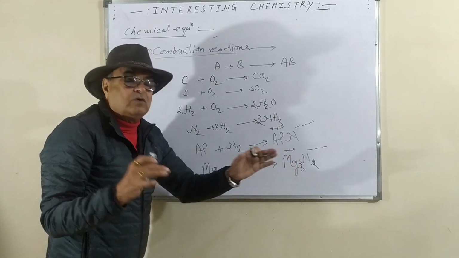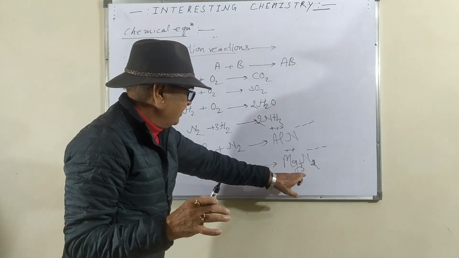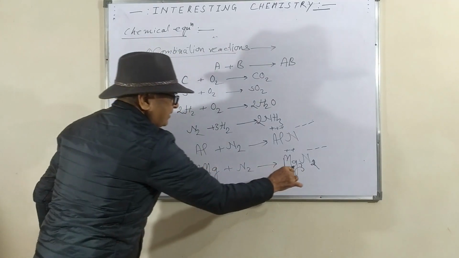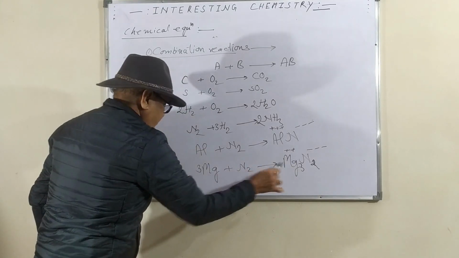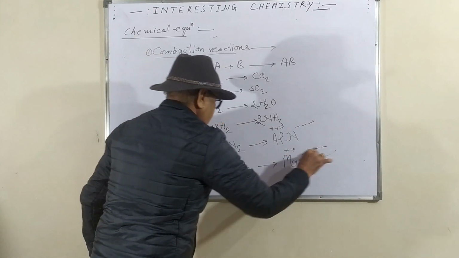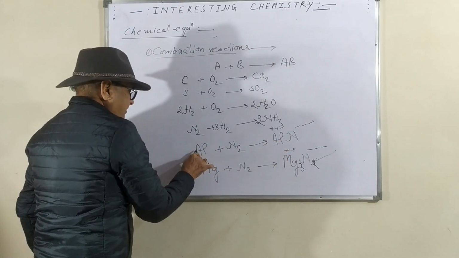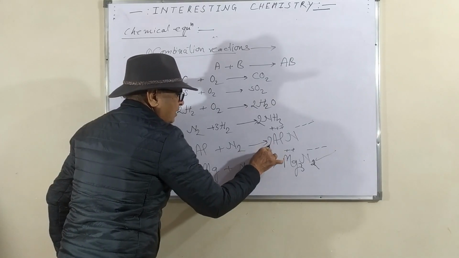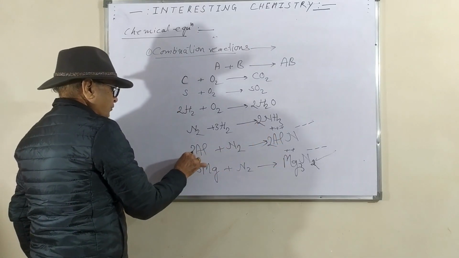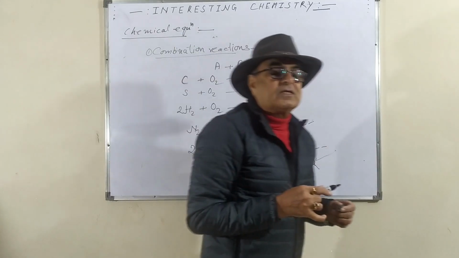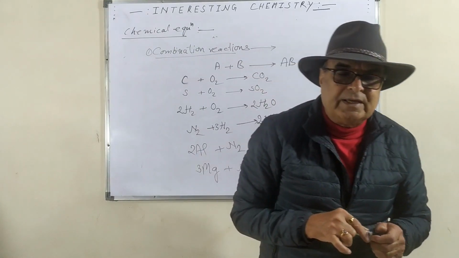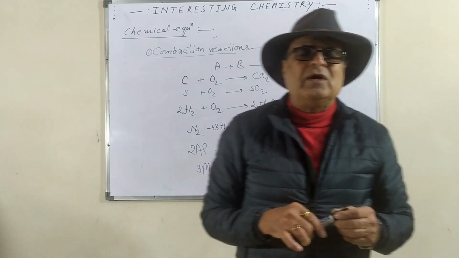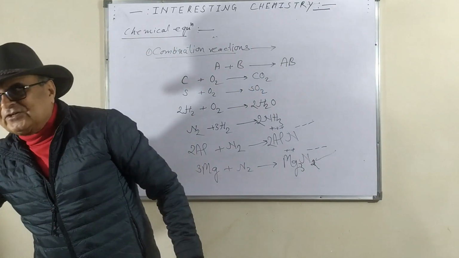How will you know? You balance the equation: there are 3 Mg and N2, so Mg3N2 is the balanced equation. Here N2 has 2 nitrogens, so 2 Al. So 2Al plus N2 is equal to 2AlN, aluminium nitride, and 3Mg plus N2 is equal to Mg3N2, magnesium nitride.